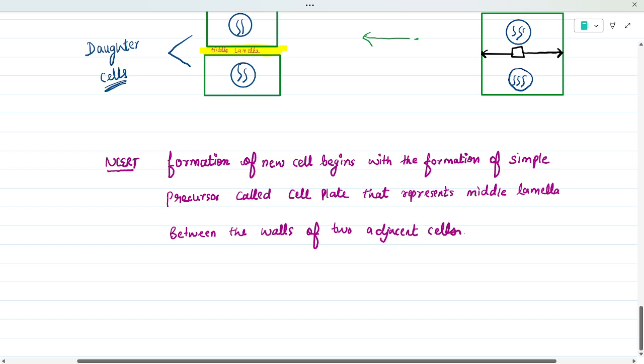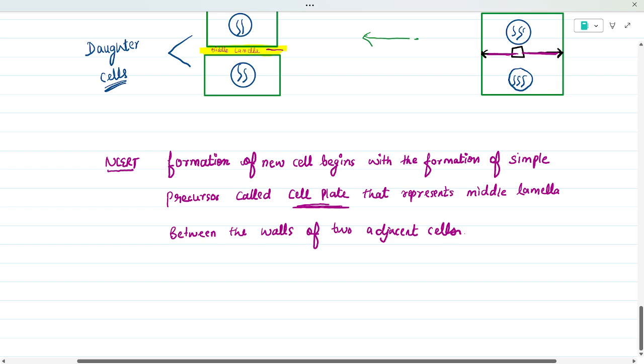This line means here we are talking about the cell plate, right? This was the cell plate. This cell plate is the precursor that will form the future cell wall. By this cell plate, the future cell wall is formed, and here in this diagram this is the middle lamella.